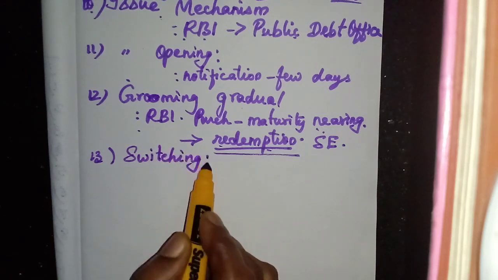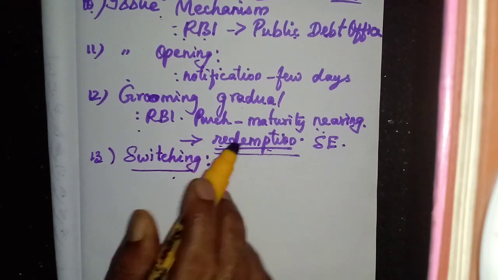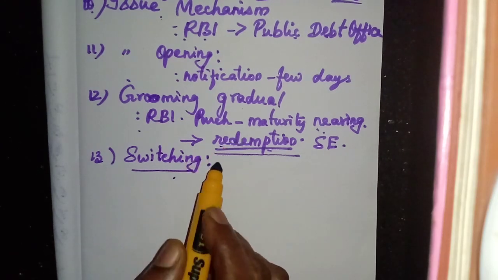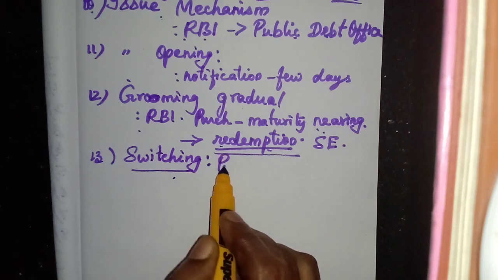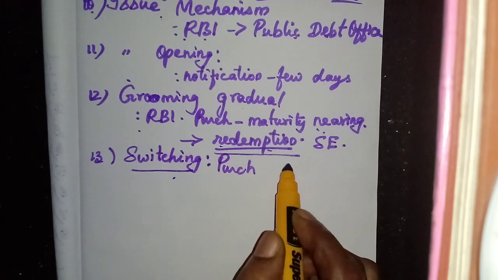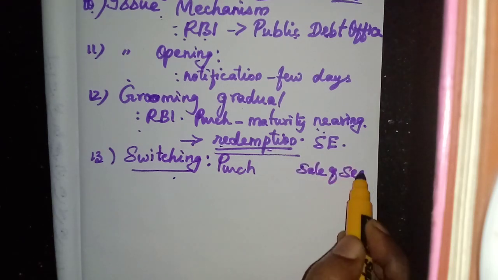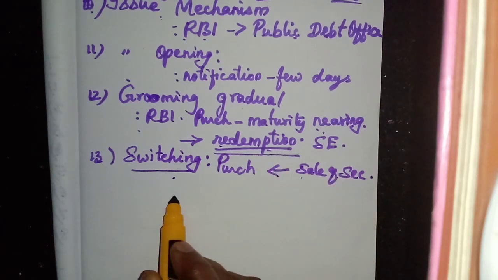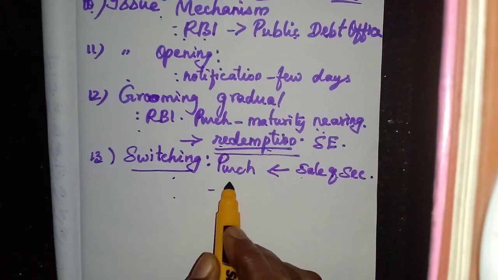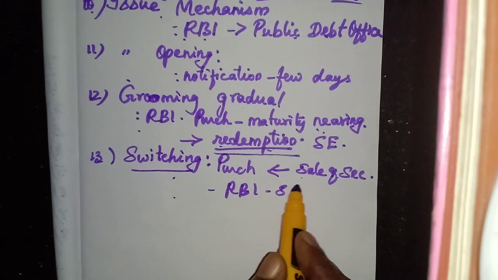Then the 13th one, switching. You have to listen carefully. What is switching? Here also it is somewhat near to grooming gradual. Here they will purchase one security on the sale of another security. First they will sell one security, and at the sale of that security, they will purchase some other security. This is also carried out by RBI in the secondary market. Secondary market means stock exchange.